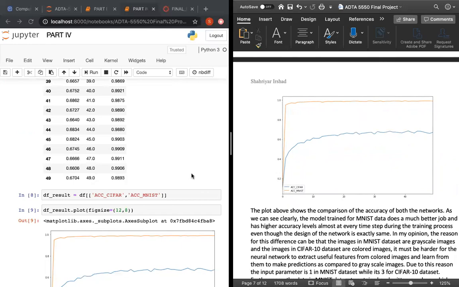According to me, although the structure of both the neural networks was the same, still there is a huge difference between performance.